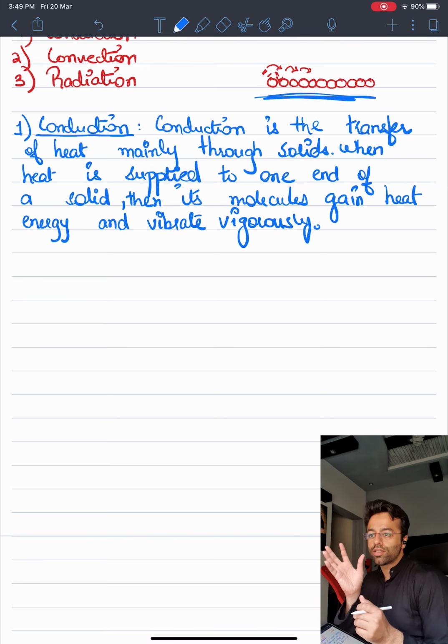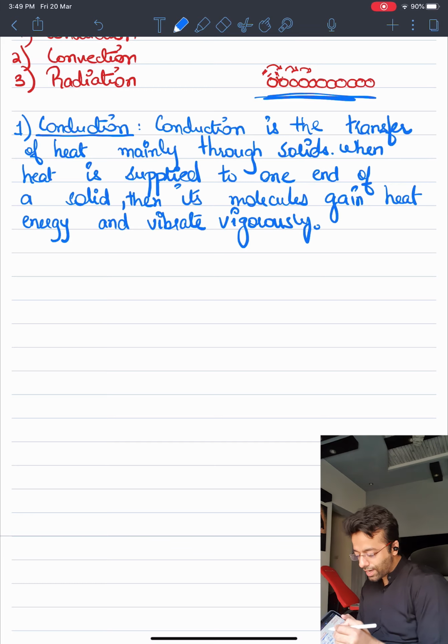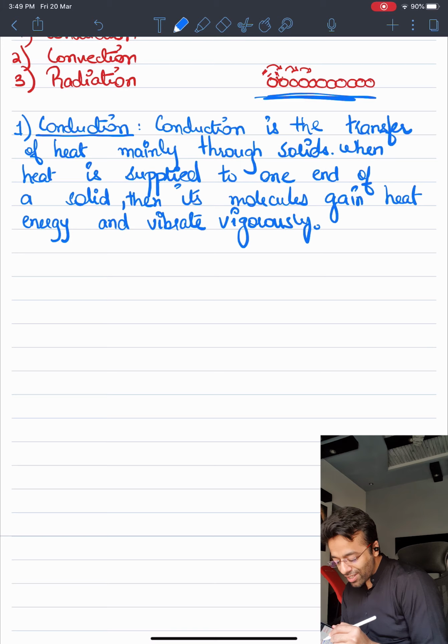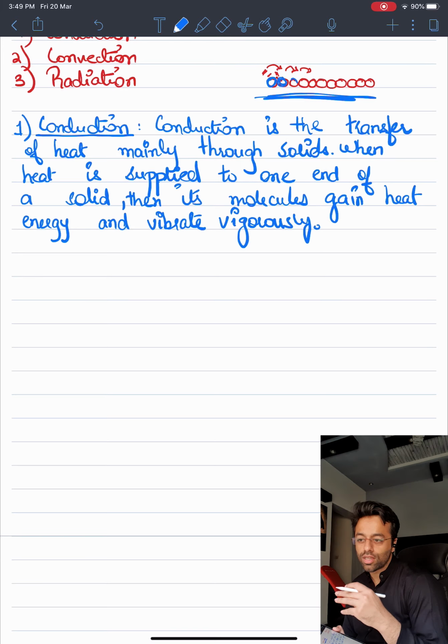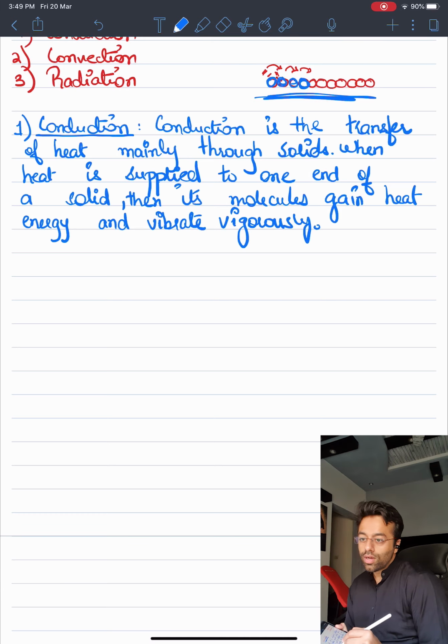So imagine these are molecules tightly packed. One starts to vibrate, the other takes the energy, and so on and so forth. The energy carries on. Moving on with the definition, the kinetic energy, I'm writing KE for that.